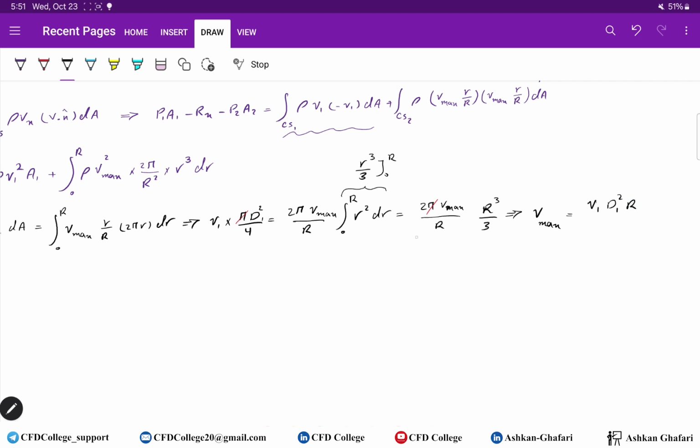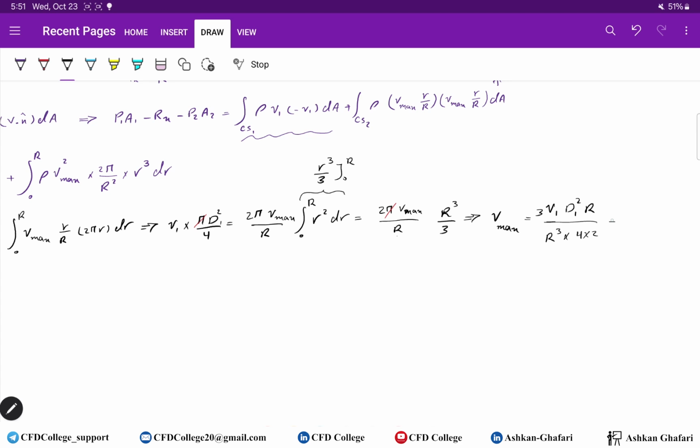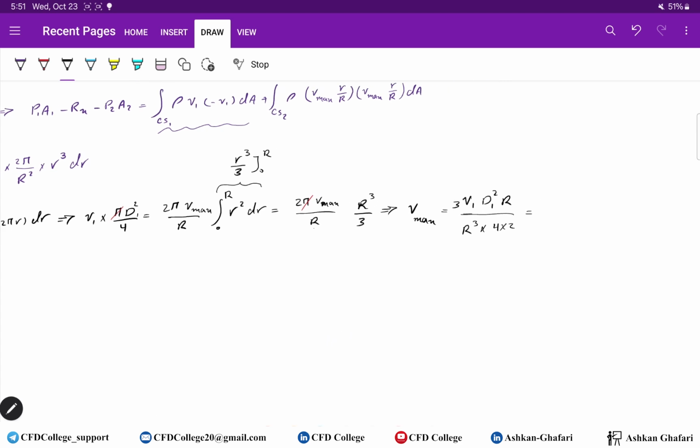R, this one, divided by r to the power 3 times 4, and here we have 3. And we have another 2 here. So Vmax can be found as, okay, d square equals 4r square.